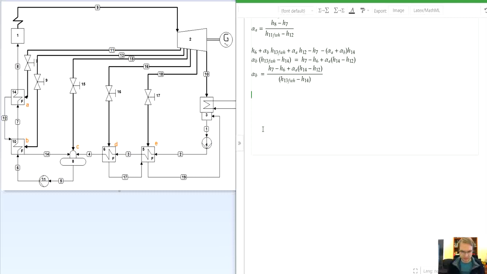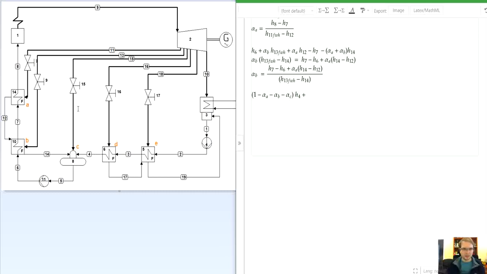So actually the mass flow rate for the node number 4 is 1 minus alpha A minus alpha B minus alpha C, and since it's energy equation, so multiplied by enthalpy H4, that's the one inlet.